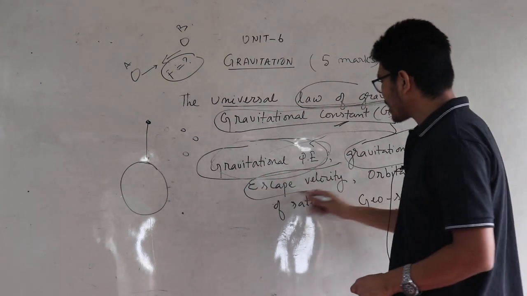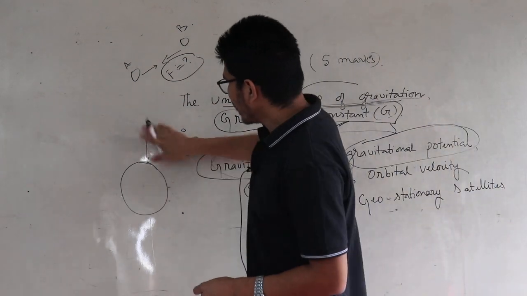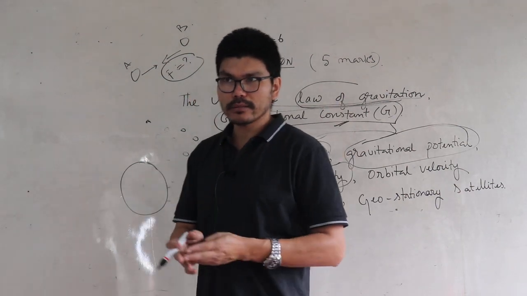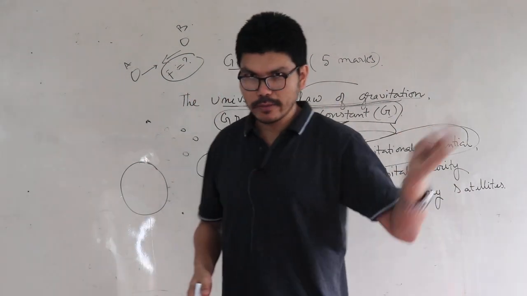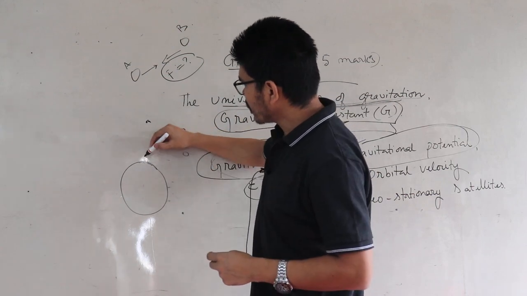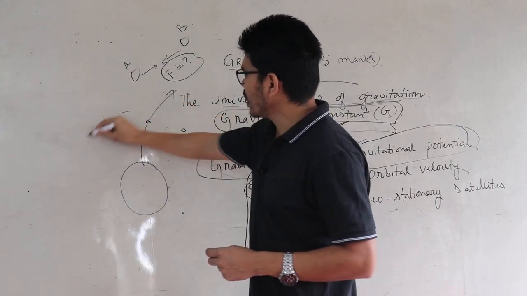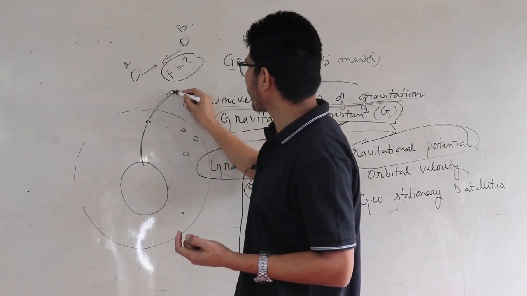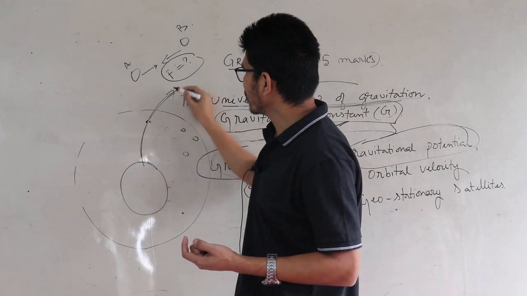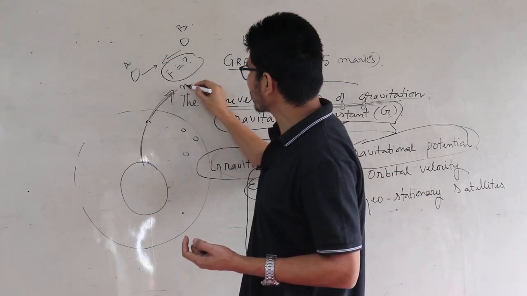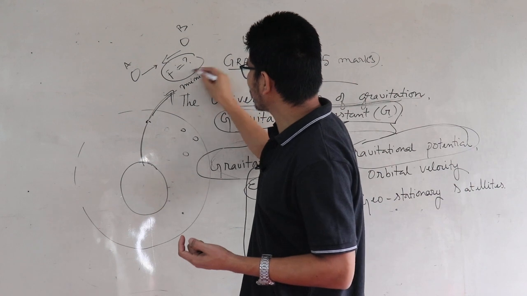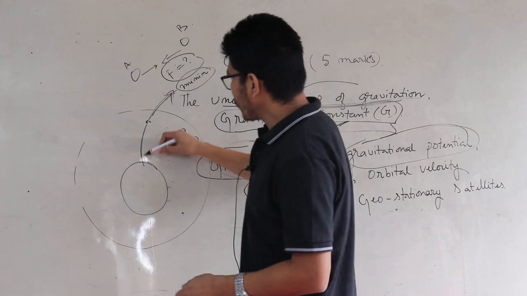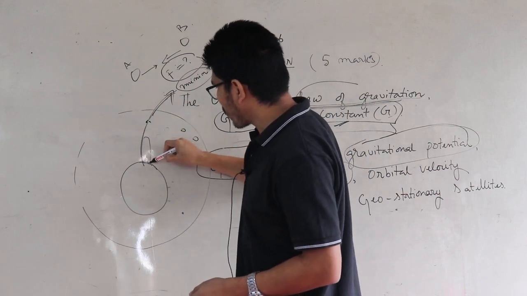And then comes escape velocity. For example, escaping, just like escaping from a prison, going out without permission. If you want to fly out away from the Earth's gravitational field, you need to have a minimum velocity, and that velocity is known as escape velocity. Normally if you jump up, you will surely fall down.